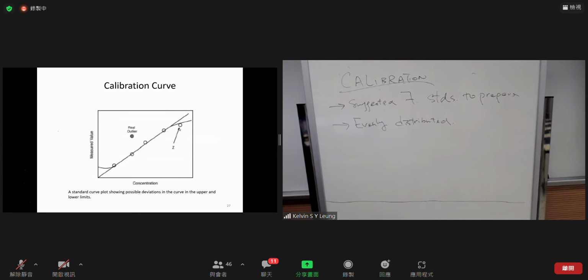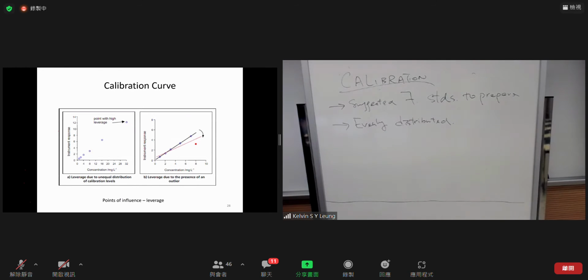And here sometimes you will have some points that are outliers, okay, which do not fall on the curve, okay? So maybe you have to remove those in some cases. And here you can see some of the points deviate a bit, okay?